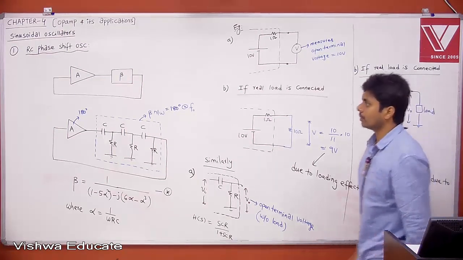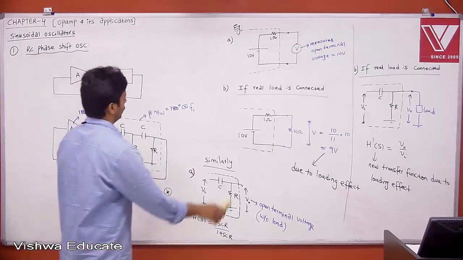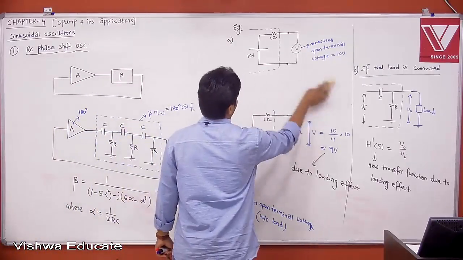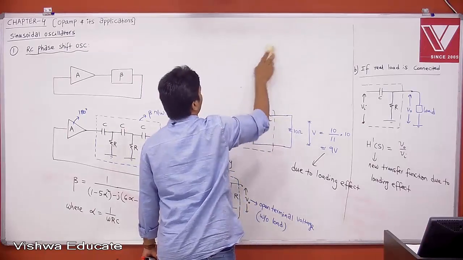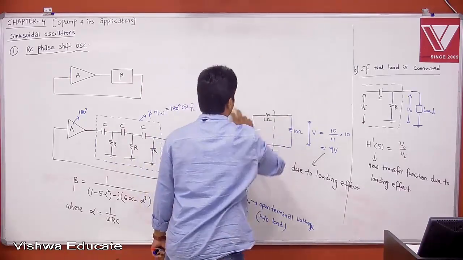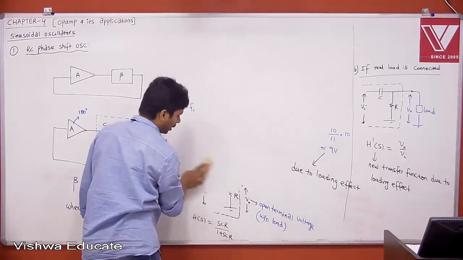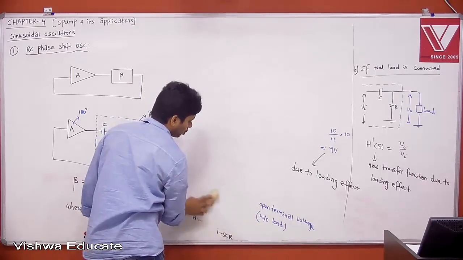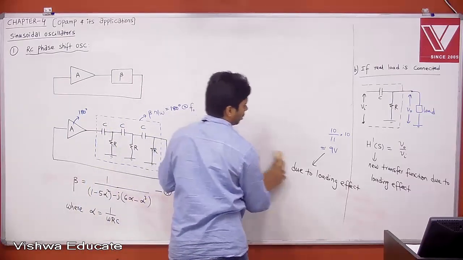Now let's see the figure of merit. Actually, there are 2 points which we consider as figure of merit. Using those 2 points, we say whether it is a good oscillator or not.